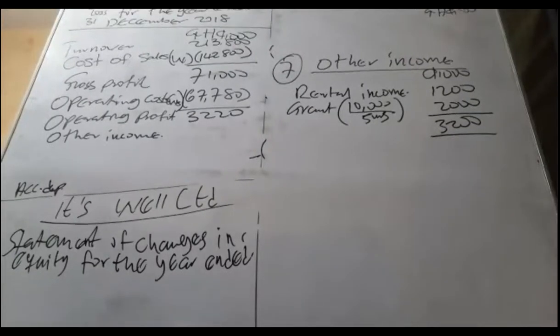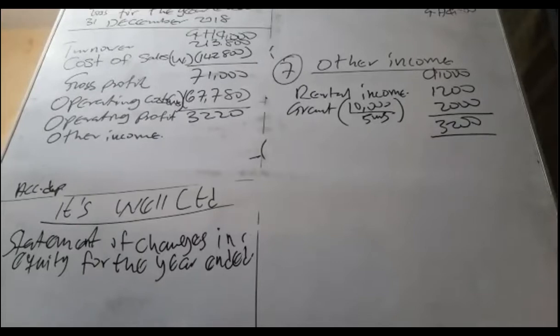Second item on the list was the reversal of the 12,000, that's the dividend. So less 12,000.